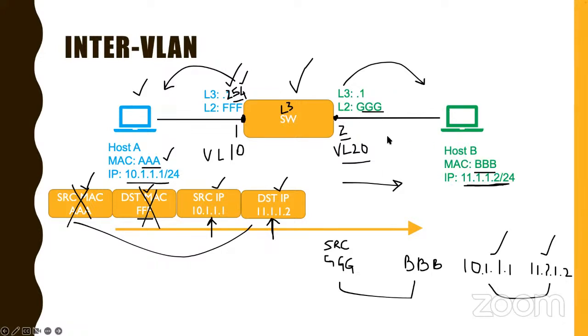Within this VLAN or this broadcast domain, this MAC is known. So does the MAC change at each hop? Not each hop, at each L3 segment. This is one layer 3 segment, this is another layer 3 segment. That's why your MAC is changing. Okay, clear. Thank you.